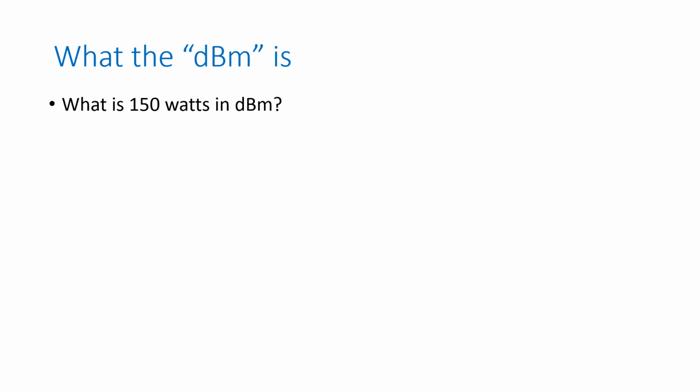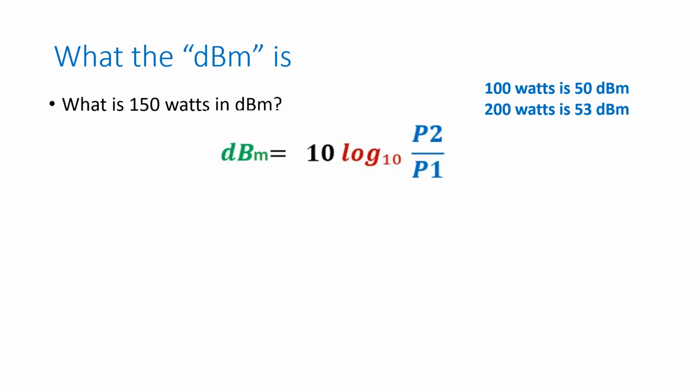All right, so what's 150 watts in dBm? It's halfway between 50 and 53 dBm, so it must be 51.5 dBm, right? Well, no, it can't be, because the dB scale is logarithmic. So let's find out what it really is. Let's do the math.